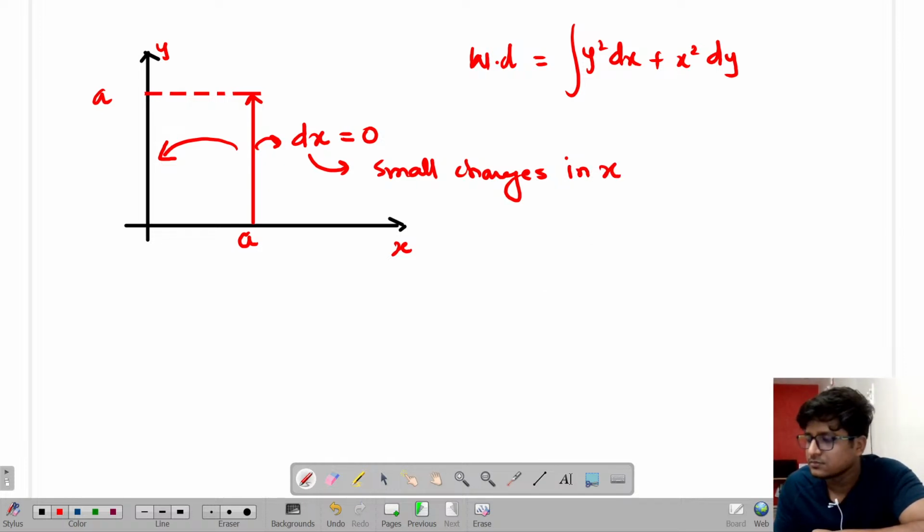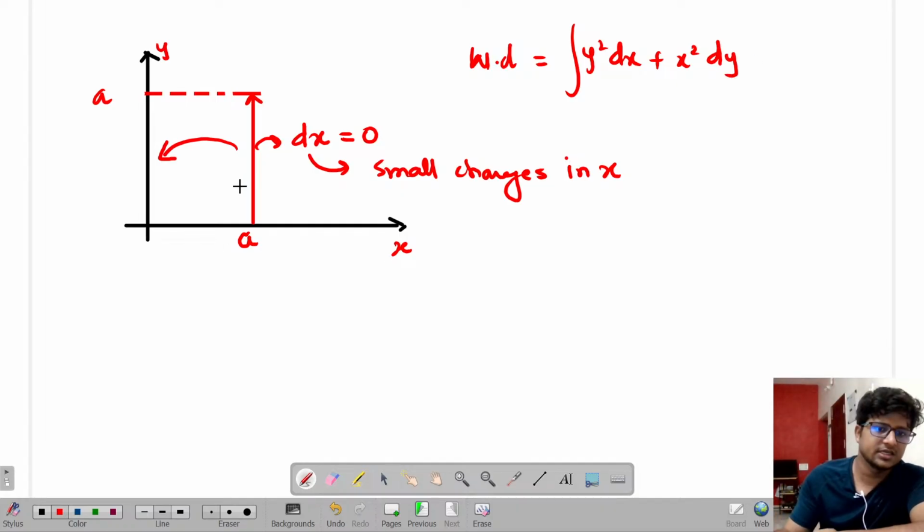Tell me. Okay, so this is what? A small change in what? x. So dx will be how much? 0. Is that clear or not? Now, if I look into the term x square dy, see here it is fixed at x, or not.